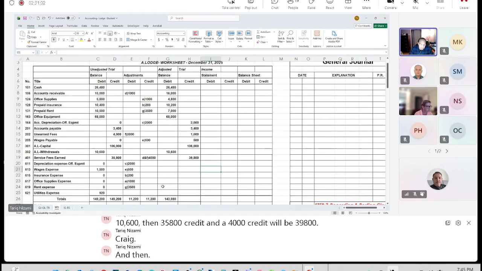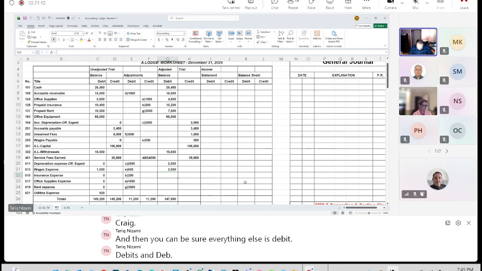And then you can be sure everything else is debit. Debits and debits. Good.